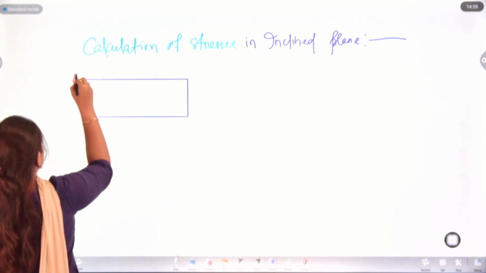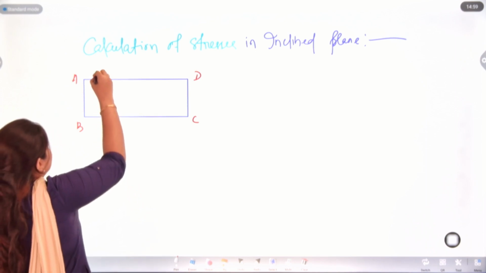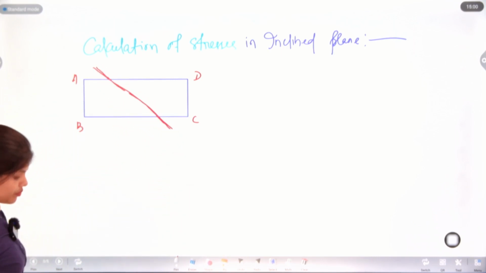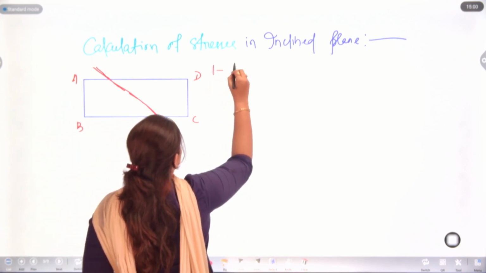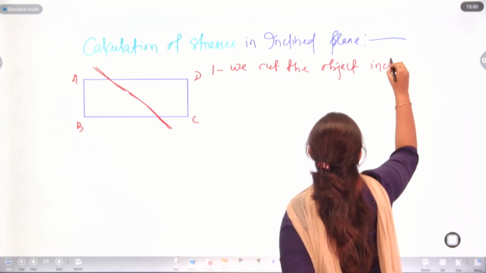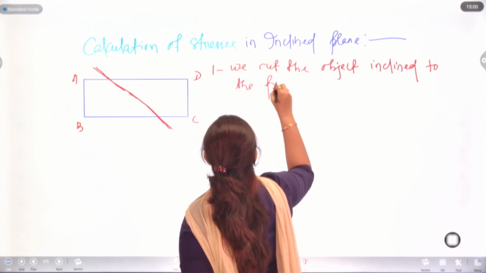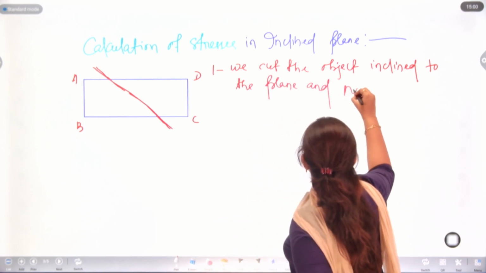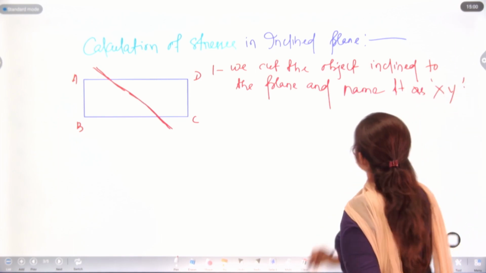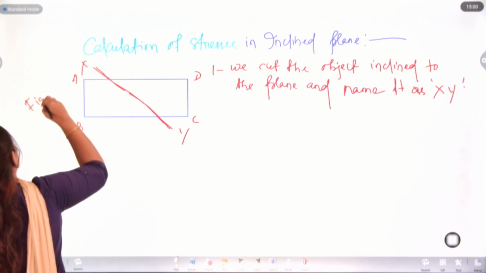Name it A, B, C, D. Now we need to cut this object inclined to the plane, and name it xy. This is figure A.